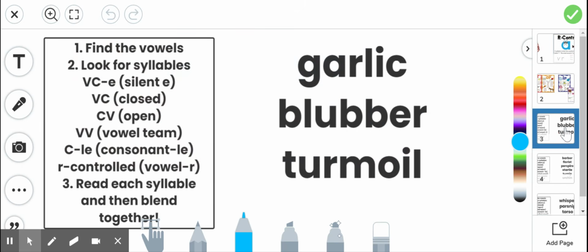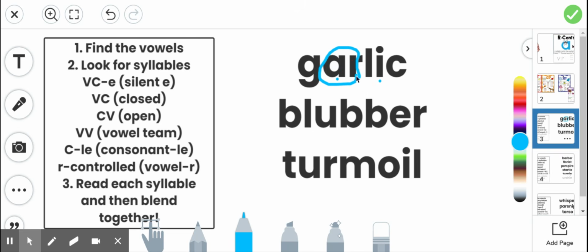Today, we are going to look at some multisyllabic words that have R-controlled vowels. Just like before, whenever I come to a word that I don't know, I should first find the vowels. Now I want to look a little closer and look for syllables. I notice this A has an R right after it, so this is going to be an R-controlled vowel.